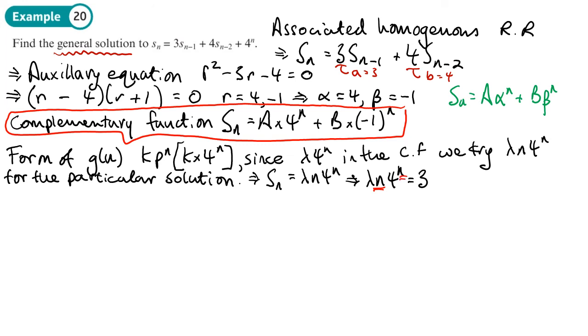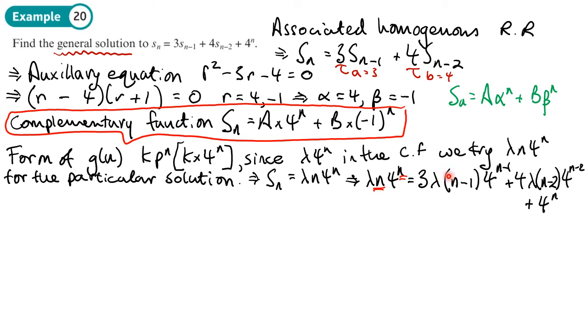It's going to be 3 lambda (n minus 1) times 4 to the power n minus 1, plus 4 lambda (n minus 2) times 4 to the power n minus 2, and then plus 4 to the power n.